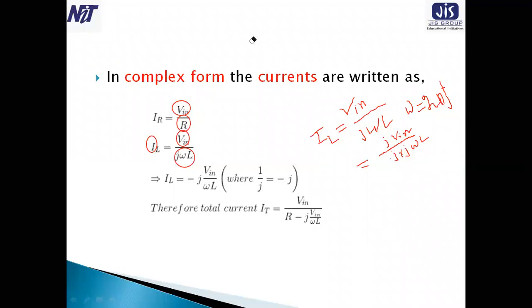J into J, because J equals root over minus 1.